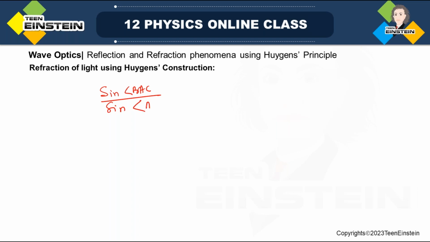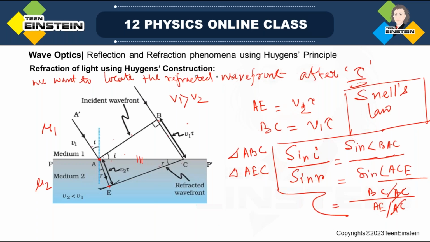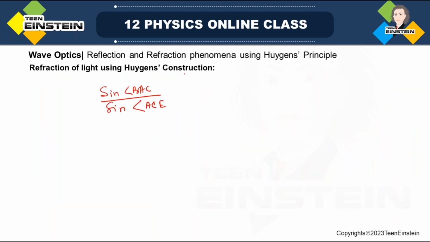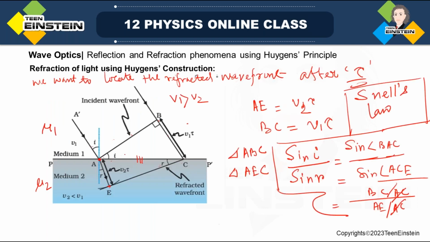That is what I have written. Yes, ACE. So what we have seen is actually sine i by sine r. This is equal to BC divided by AC.